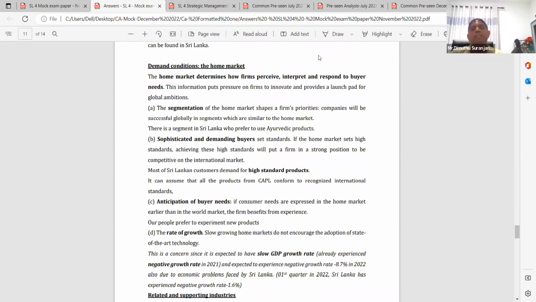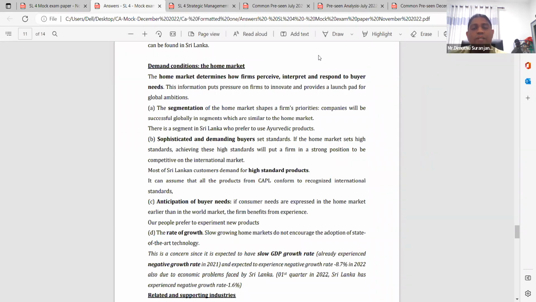Then demand conditions within Sri Lanka, is there any demand? If there is any home country demand, that will help you to get some specialist knowledge. So that will be an advantage in the world market. If you look at Sri Lanka, traditionally we have been using these Ayurvedic products, right?